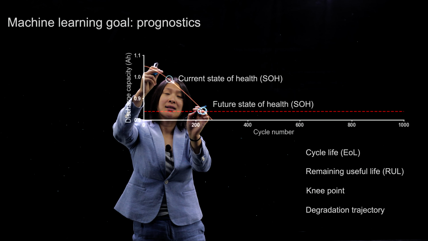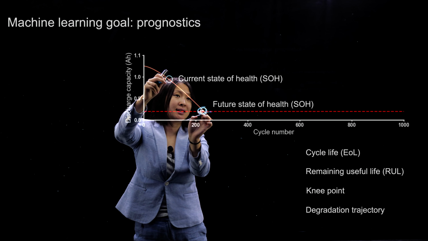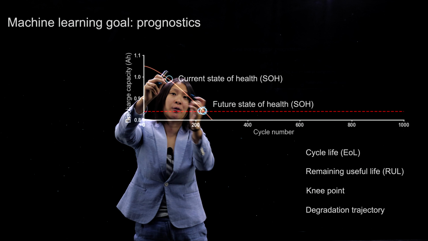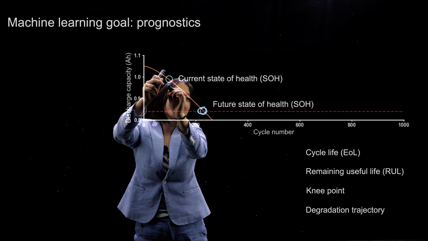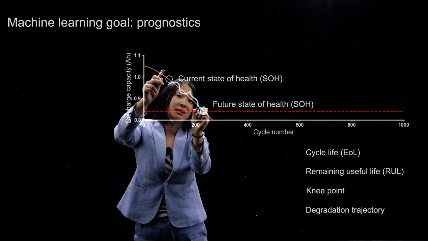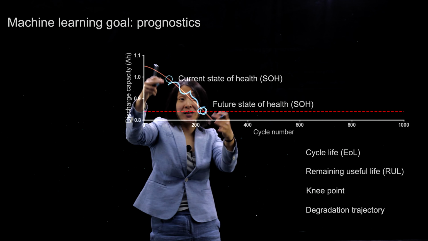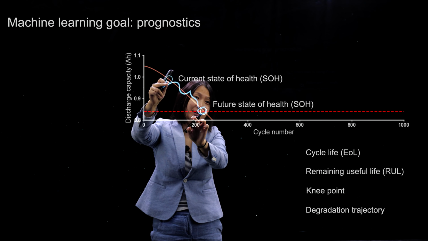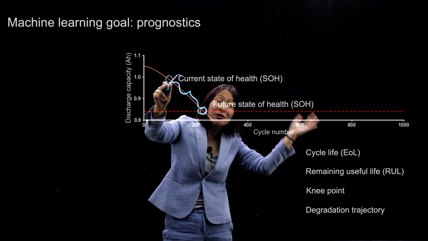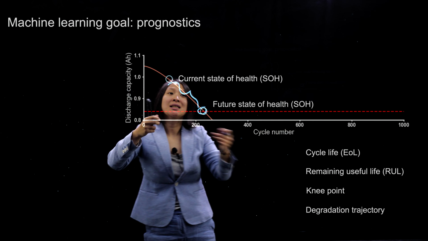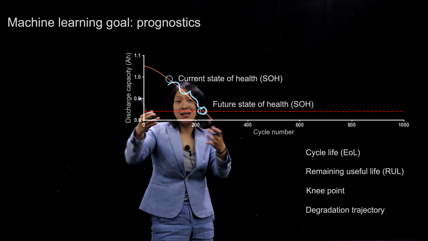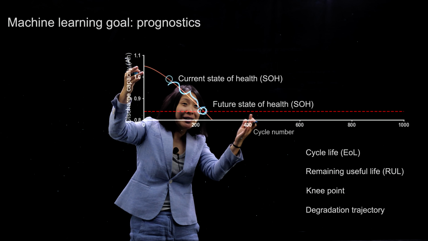In other words, this is where we currently are, and this is the future where we think the battery will degrade. So we know how many cycles it is from this point up to the point the battery reaches the end of life, and we can predict the remaining useful lifetime. Of course, most batteries, as you see in the example here, don't degrade linearly.